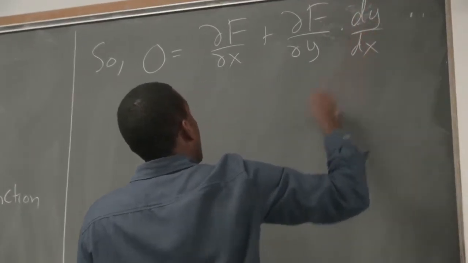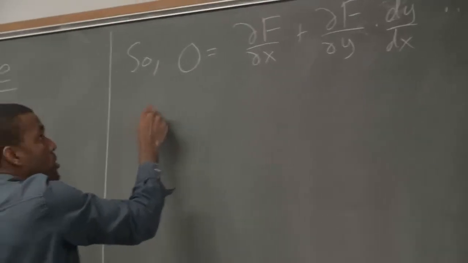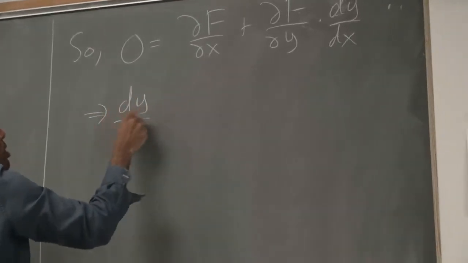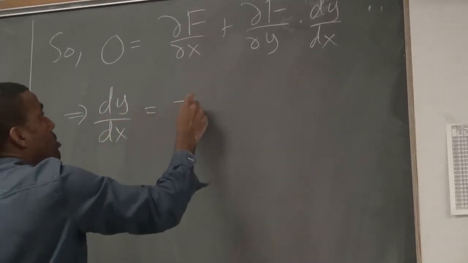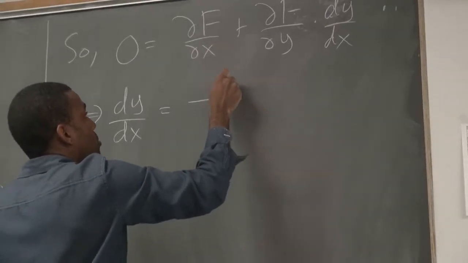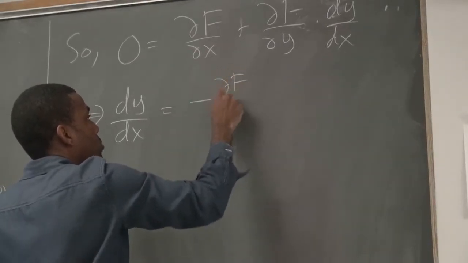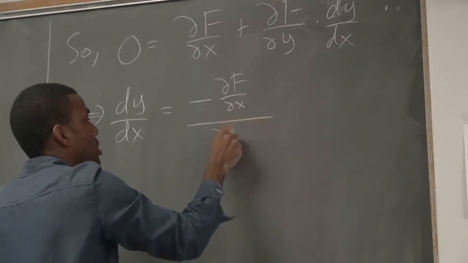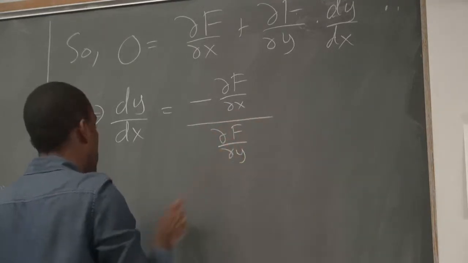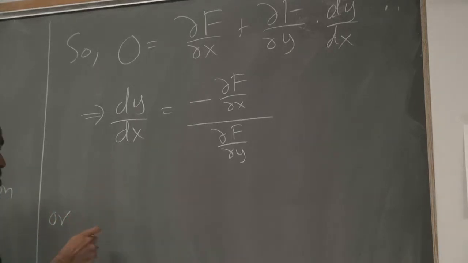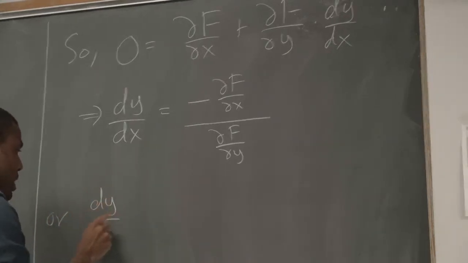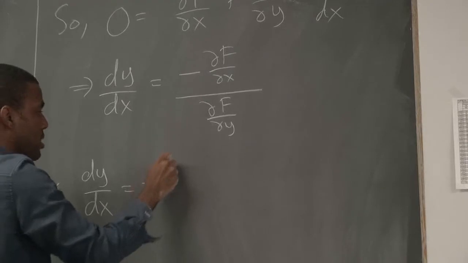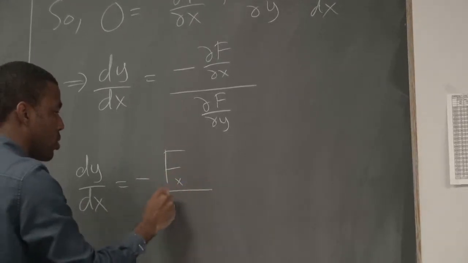Then you can solve for dy dx. It's going to be minus partial of f with respect to x divided by partial of f with respect to y, or in the nicer notation, dy dx is equal to minus f sub x over f sub y.